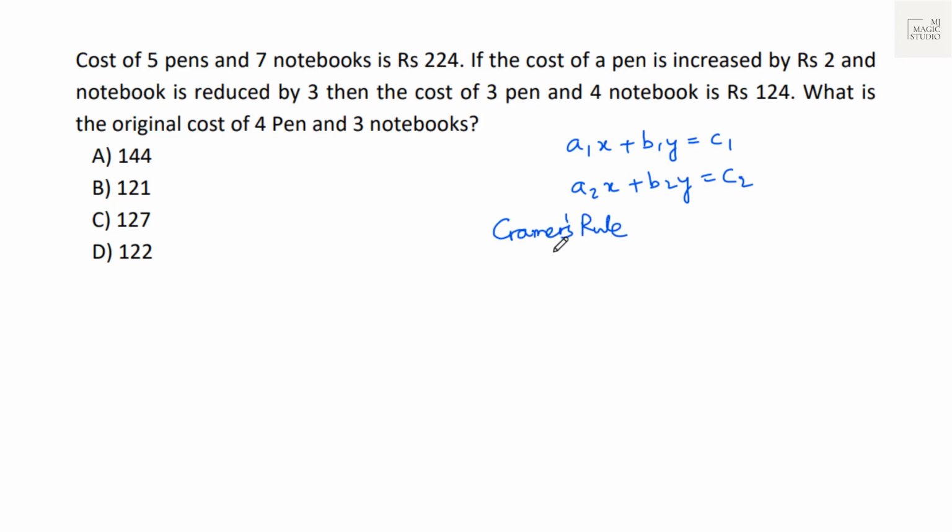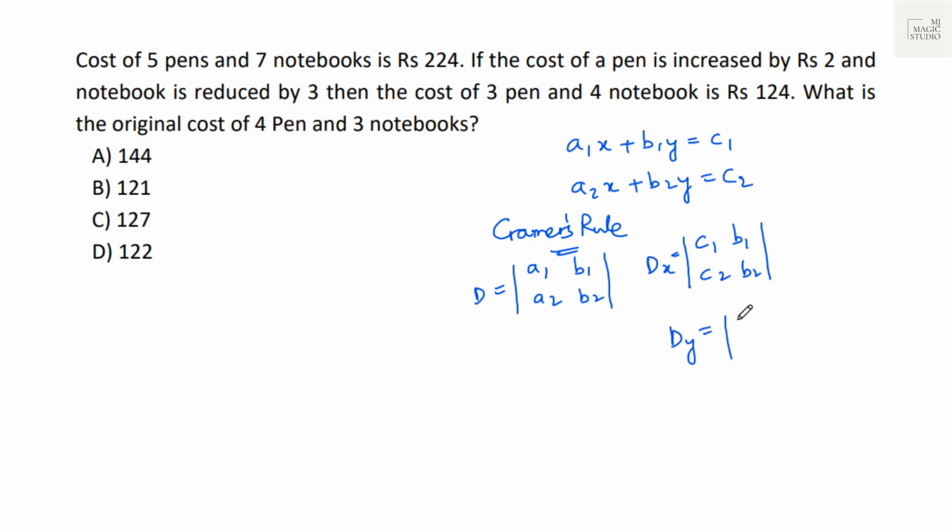Actually, that is Cramer's rule. Once you understand how to use it, you will also learn the shortcut. First, find the determinant value of the coefficients of x and y: a1 a2 b1 b2. Suppose this is D. Now find dx: in dx, substitute the a column with the value column. This will be c1 c2 b1 b2.